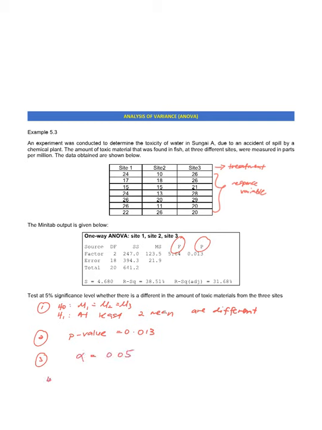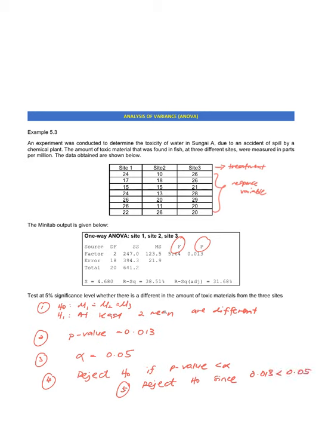So, dia punya decision rule adalah reject H0 if p value less than alpha. So tengok value p value kita 0.013 is less than 0.05, right? So we're gonna reject H0. So the decision is reject H0 since 0.013 less than 0.05.